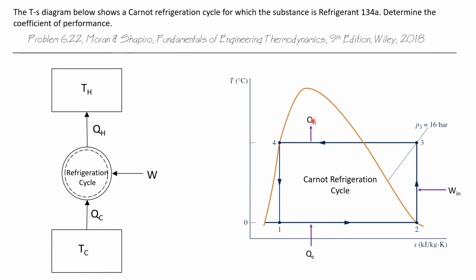This is heat transfer at constant temperature, and this would be the hot temperature, TH. Then there's an adiabatic expansion from state 4 to state 1. And then another constant temperature heat transfer process takes place in process 1 to 2.